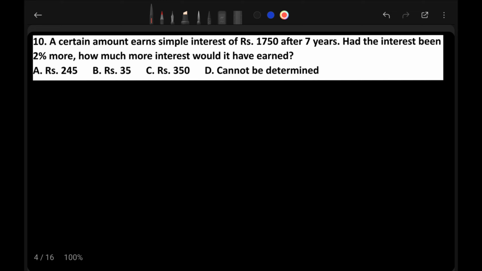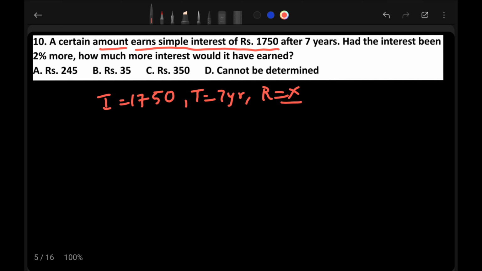Is this possible? What he's saying is a certain amount earns simple interest of 1750. Time is 7 years. Rate is not given. And he said, had the rate been 2% more, how much interest would it have been?